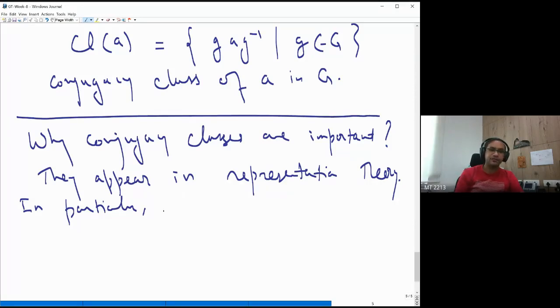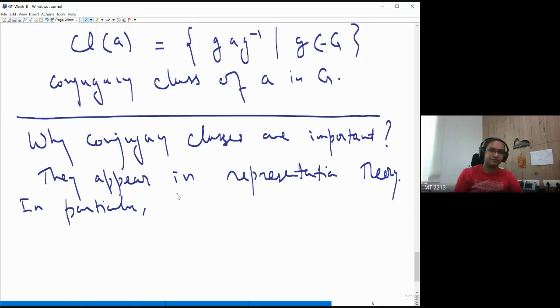Let me write the precise statement. Of course, the proof of this statement is not for this course; it will be for a representation theory course if you ever learn that.